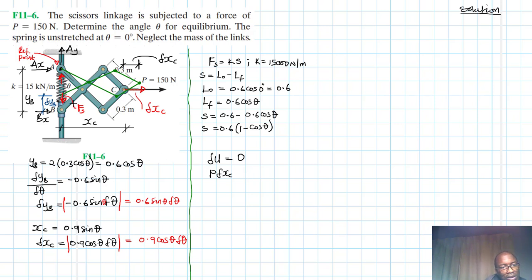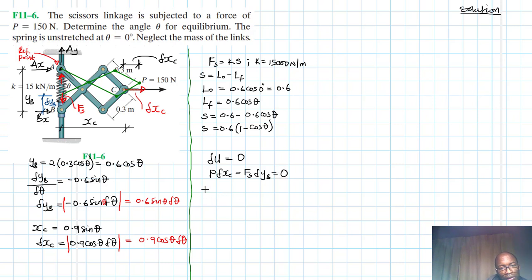And because this Fs is pushing down towards joint B, and the virtual displacement initially was going up, they are in the opposite direction. We expect a negative there, right? Negative Fs by del YB, equal to 0.